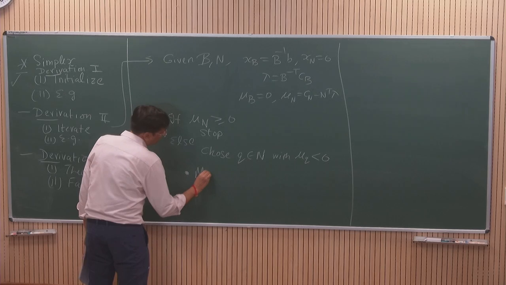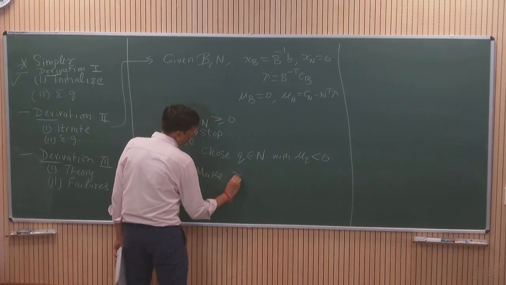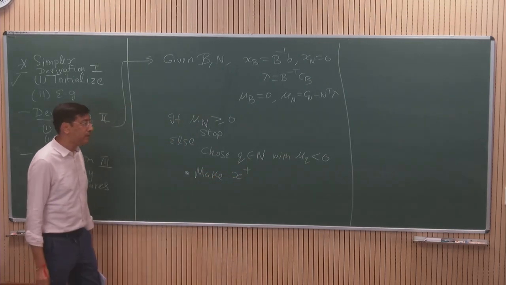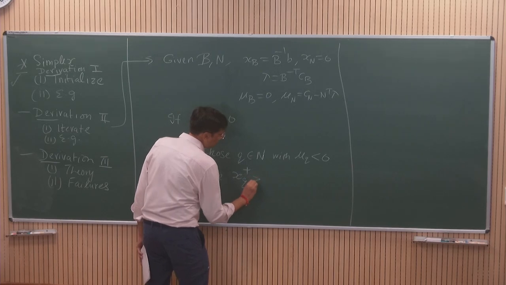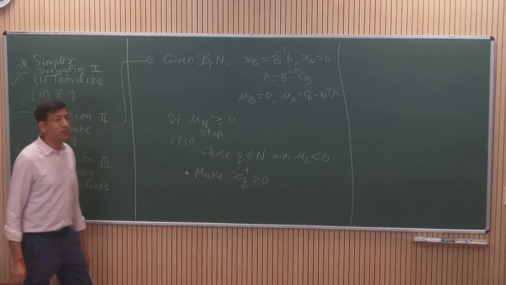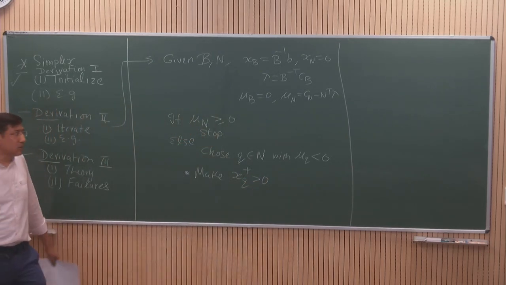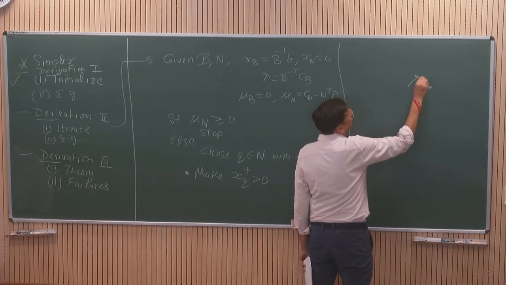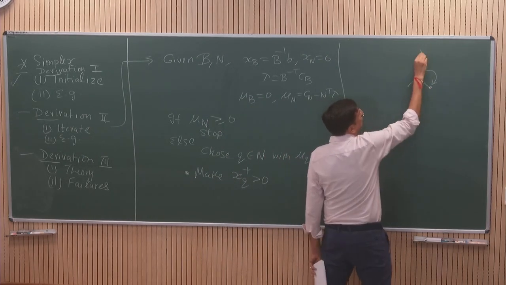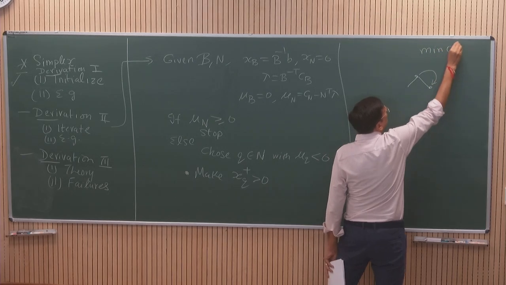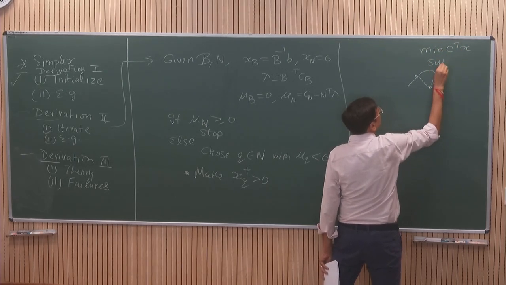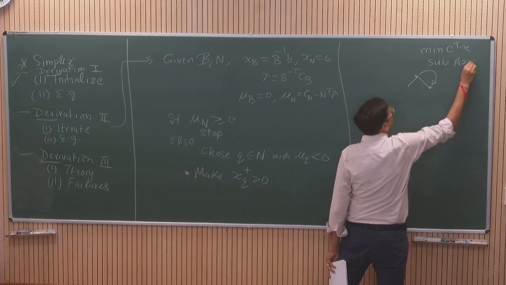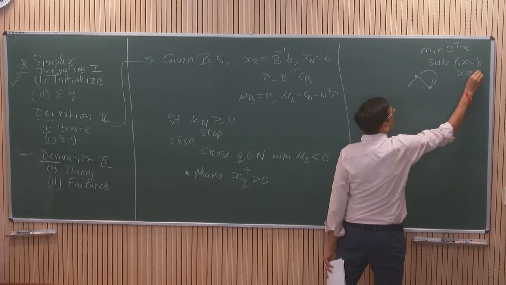We said make, in the new iterate, which I denoted by x plus, x q plus greater than or equal to 0. Our goal is that we are somewhere on one vertex of the basic feasible polytope, and we want to go to the next vertex. So this is your LP which you are working on.